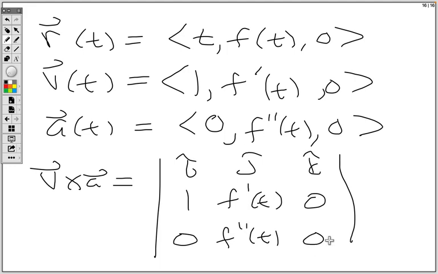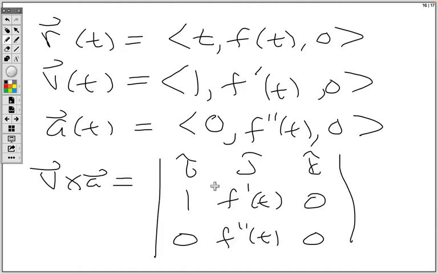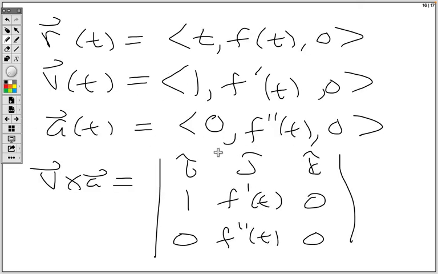And it's good that we have a lot of zeros in there because that'll make our calculations a little easier. So let's look at the i component. Ignore the row and column the i hat's in, and guess what? Everything zeroes out. And that should be expected, right? If we're taking two vectors in the plane and we're taking their cross product, that cross product should live just along the z-axis.